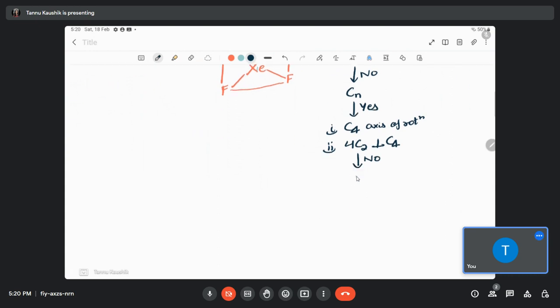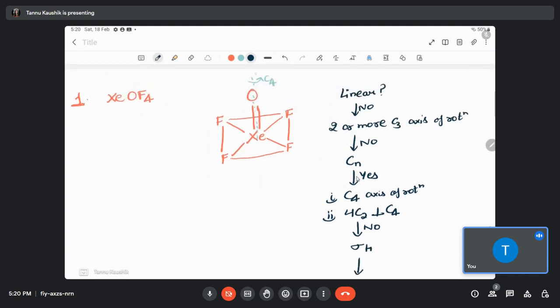Now we will check, do we have a horizontal plane in this molecule? So this is the C4 axis of rotation, and the horizontal plane perpendicular to it is the plane which has xenon and these four fluorine atoms on it.